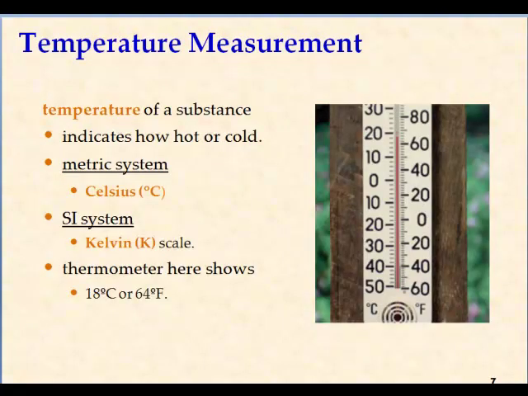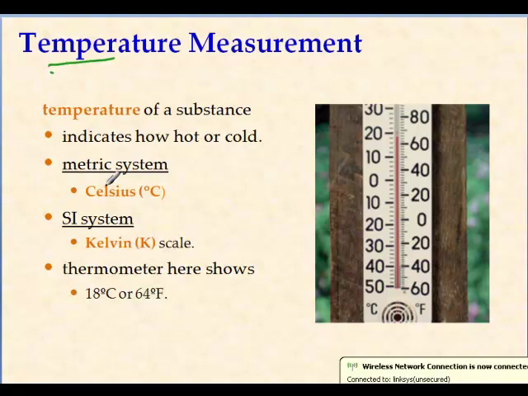And lastly, we have over here the temperature measurement. Sorry, I was looking at the other slide on the side of my computer. The temperature measurement is based on either Celsius or Kelvin, and we will go into the details of both in the chapters later on.